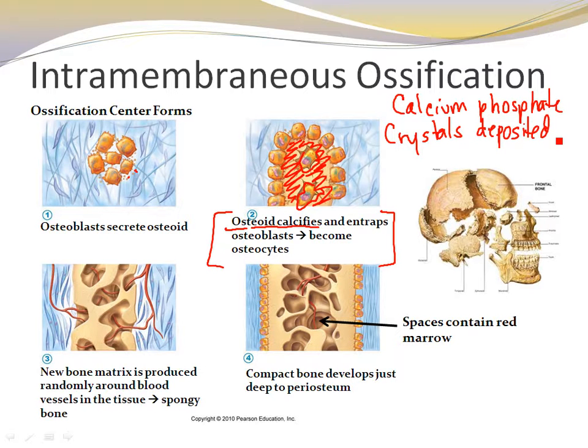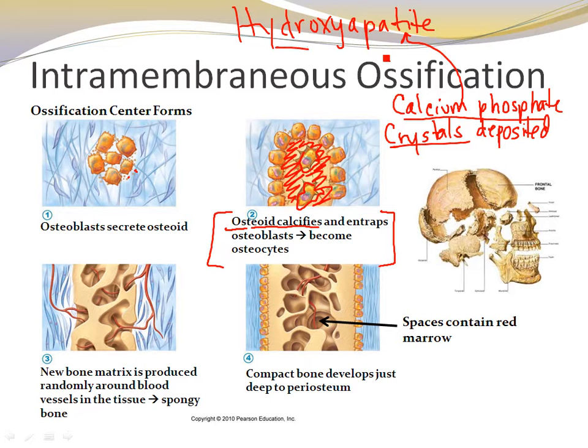Calcium phosphate, another term for those calcium phosphate crystals, you'll sometimes see those called hydroxyapatite crystals. Don't confuse that with hydroxycut, that herbal drug that some people take to help them lose weight. Kind of sounds like that, but it's not. It's hydroxyapatite. That's just another term for calcium phosphate crystals. Okay, so those cells actually make that and deposit that and surround themselves in it.